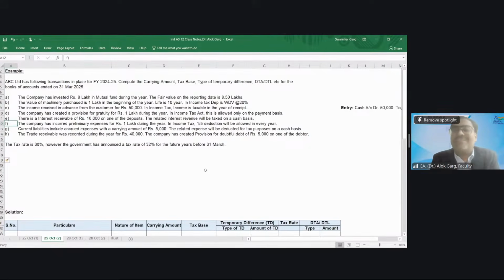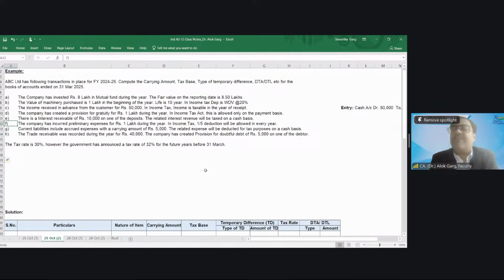Yes, friends. The concept of preliminary expenses does not exist in the accounting books. When I say it does not exist, it means the preliminary expenses have to be charged to P&L in the same year. There is no provision of carry forward and amortizing over a period of 5 years. What is this 1/5?